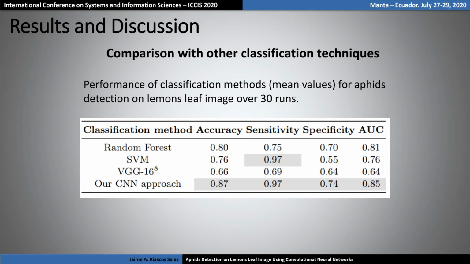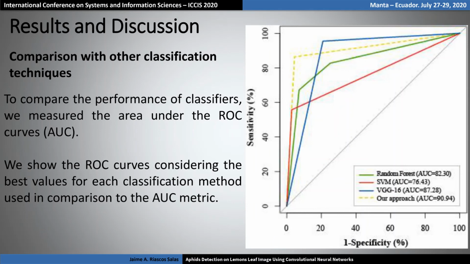Here we can observe the ROC curves with the AUC values. We can see that the AUC value for our CNN approach is higher than those of other classification methods. Visually, it seems to have the best performance for image classification.